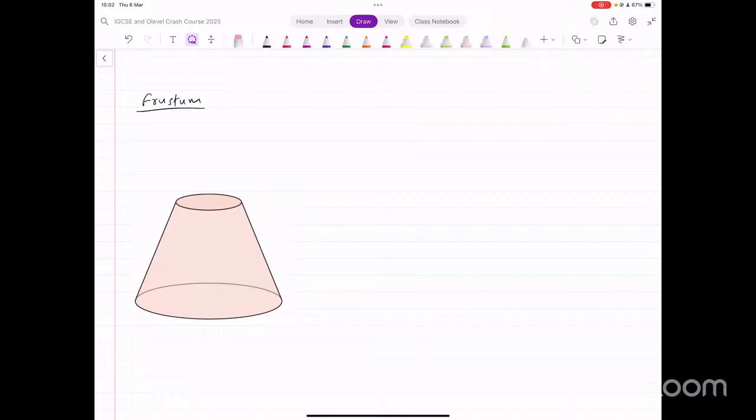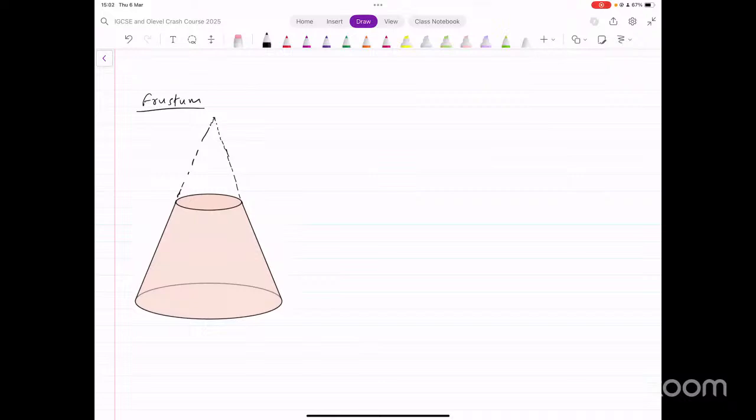So if you look at this figure, it was basically a cone initially. So if I were to extend this side like this and extend the other side like this as well, this big figure, if you were to extend these sides, is basically a cone.